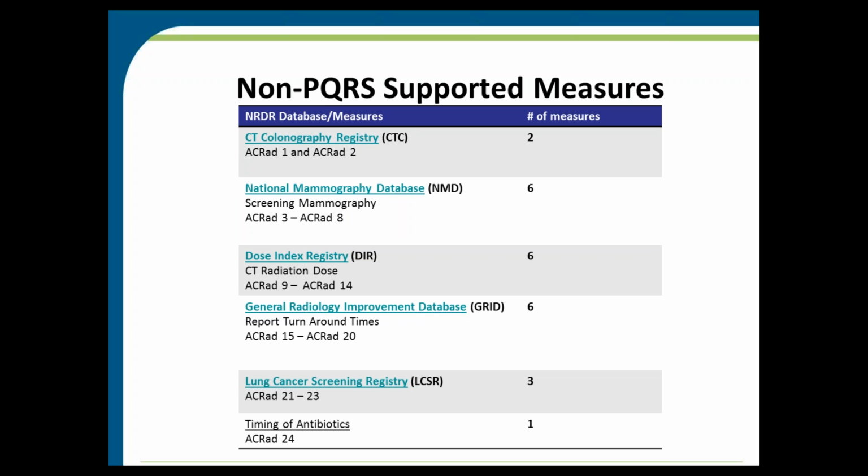Also for this slide, for your convenience when you're going back, we give you a snapshot of what the high priorities are for each of the databases. Just for the GRID, I'll point out that most of those measures are related to report turnaround time and by specific modalities: PET, CT, MRI, and mammography. So that's one of our highly utilized data registries.